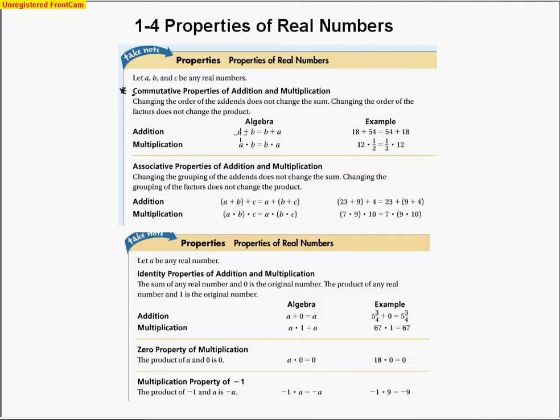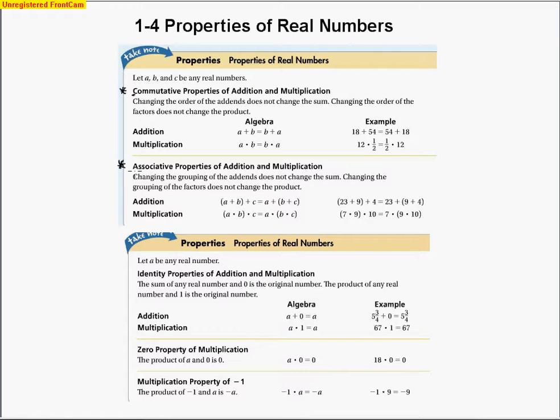Basically it says if you take the order of the numbers and switch them around, as long as you're adding or multiplying, you'll end up getting the same exact value. And then we'll look at the associative property as well, and that basically says that if you take the groups of numbers that are being added, so if I group A and B here, and then add C, it would give me the same thing as if I regrouped it.